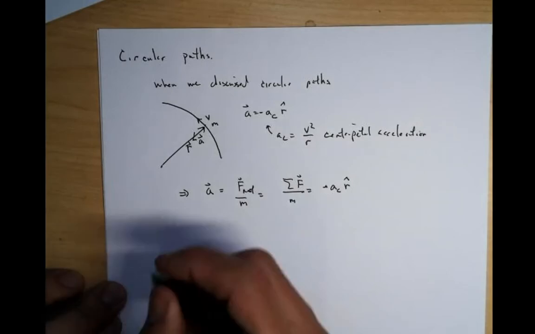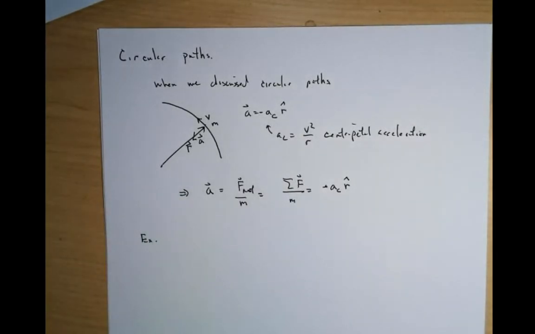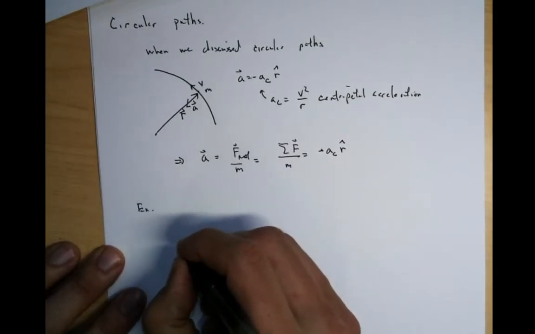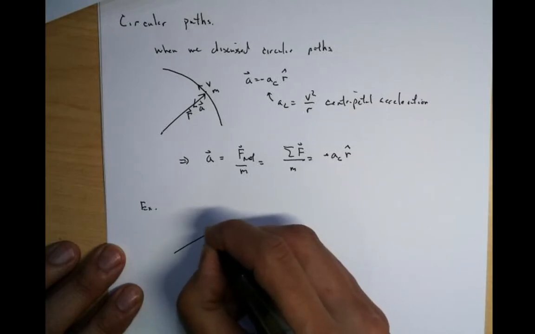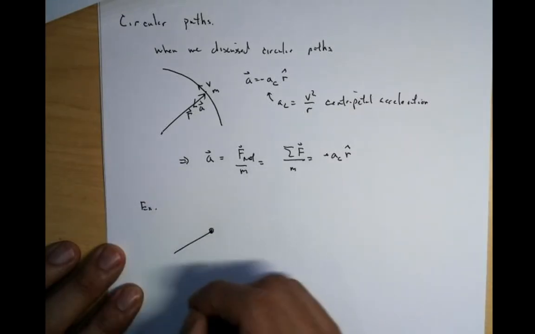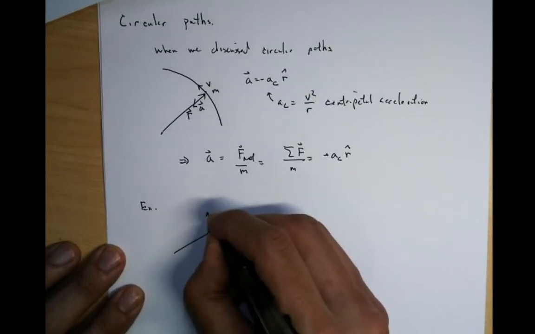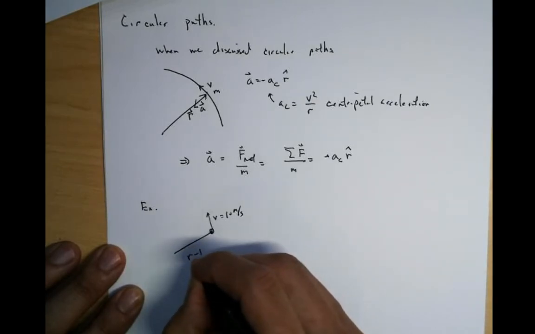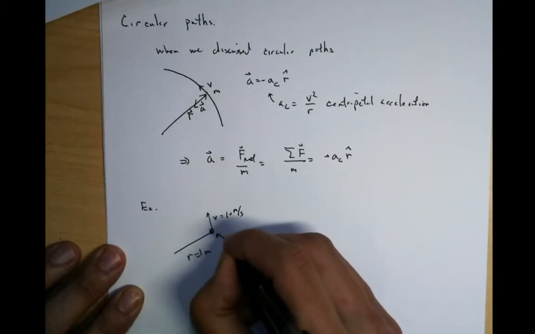The first one: suppose you have some object that's swinging around in some horizontal plane, and this object moves with some velocity. Let's give velocity equals 10 meters per second. Let's make the radius equal 1 meter. And the mass is also equal to 1.